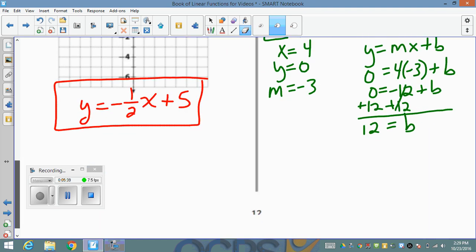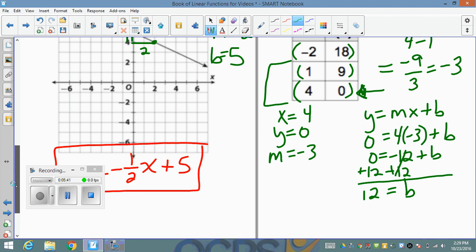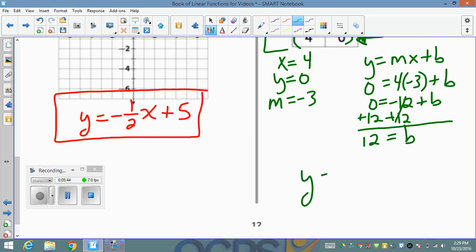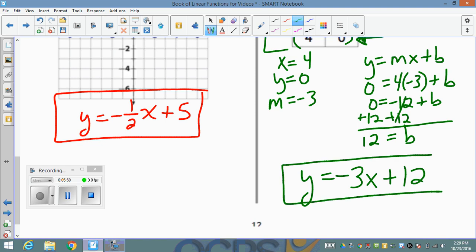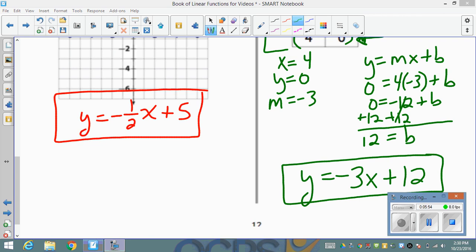So I'm going to have y equals mx plus b, so y equals -3x plus 12. And there's my answer. And that is all there is to writing our linear equations when you're given a graph, a description, or points on the graph for a linear function.